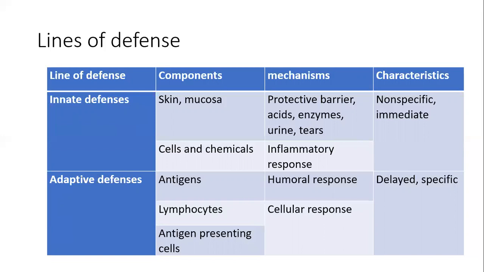And they play a role in the cellular response to infection. And antigen presenting cells are another part of the cellular response to infection. Those are pretty interesting because they're the cells that put the antigens out there so that the antibodies can find them. It's pretty elaborate, very intricate. And again, we're not going to clutter our minds with all this adaptive defense. You just need to know that it's out there.